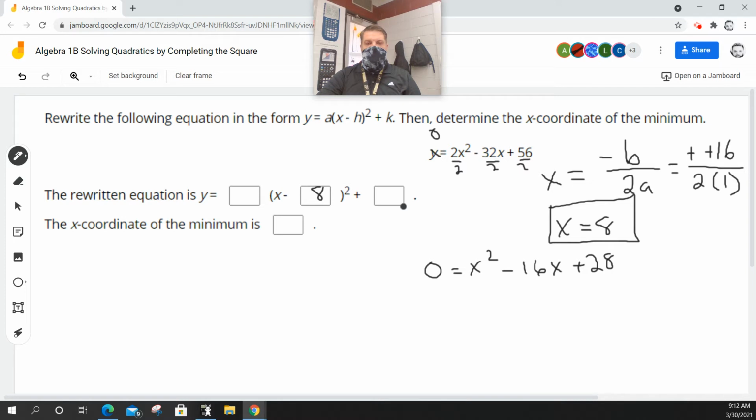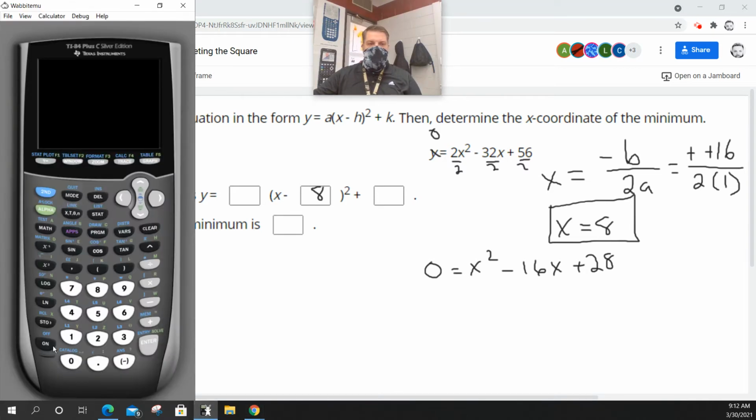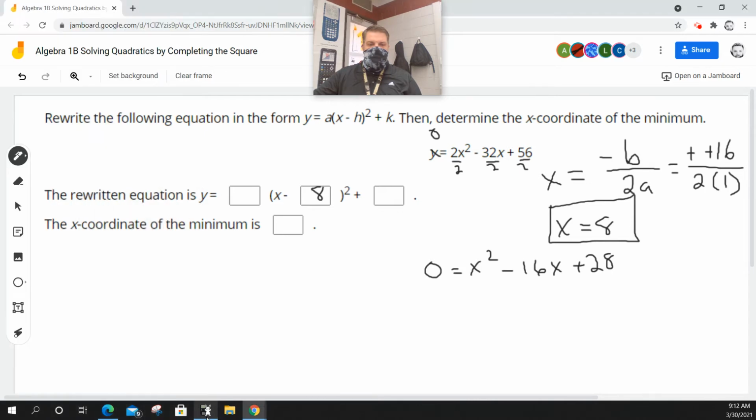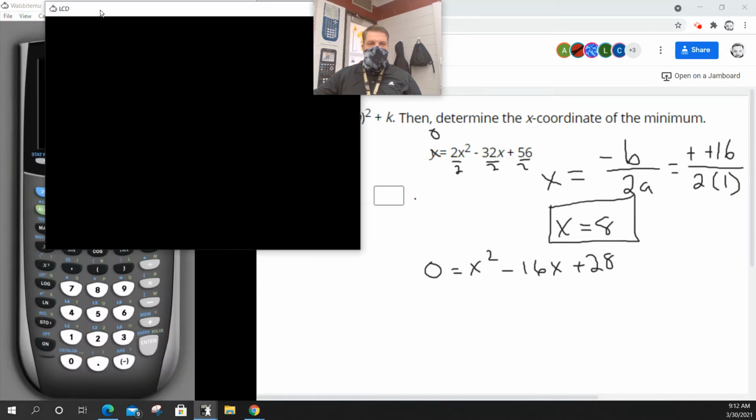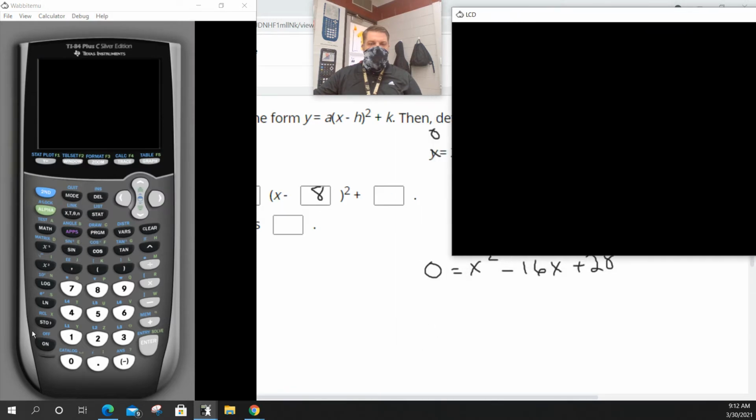Now to find the corresponding y, I could just graph this. I could reevaluate this in the equation if I want to. It really doesn't matter. But what I'm going to do is graph the original equation. So I'm going to pull up my handy dandy calculator, and I'm going to show the big screen so you guys can see it.